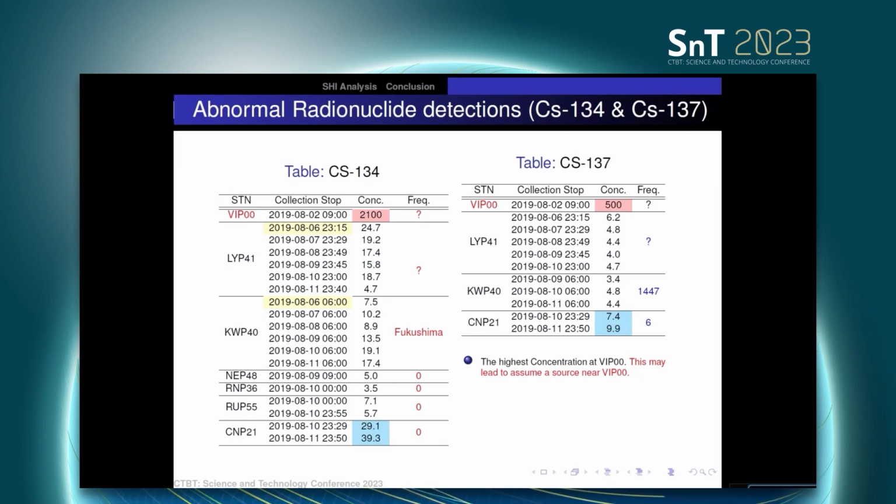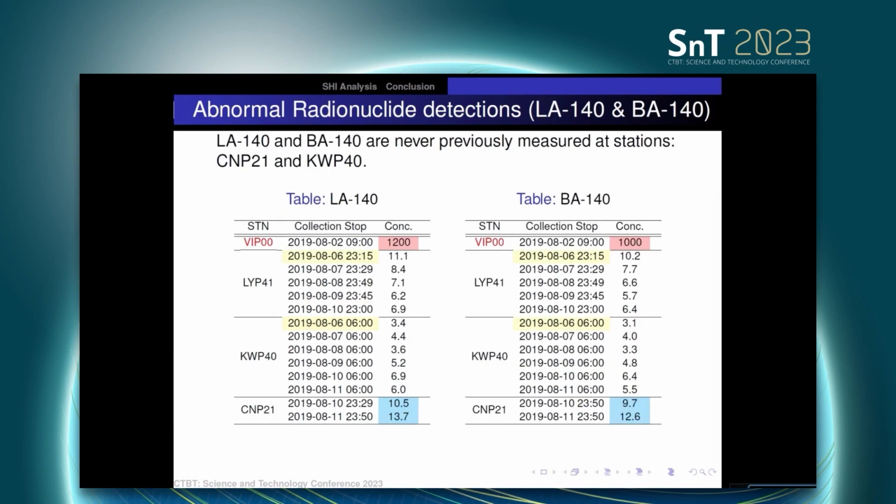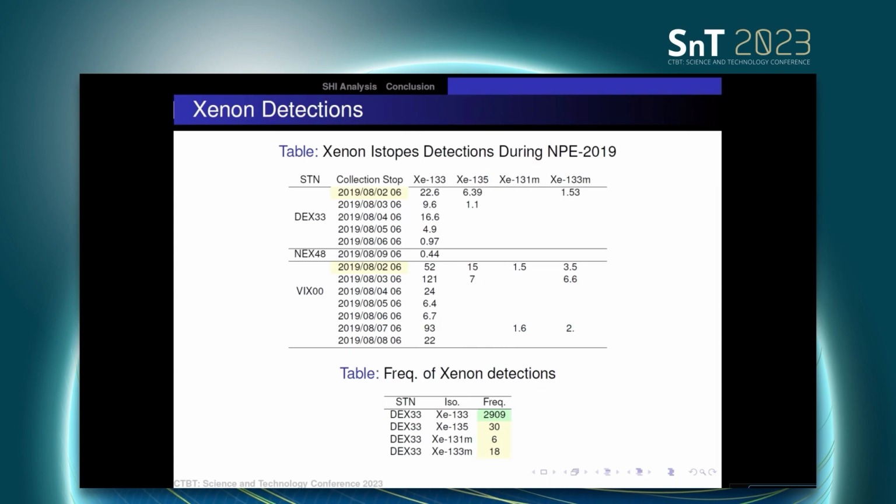And as we go east until China, we see decreasing concentration. But an interesting value is that the concentration at China is the second highest after Vienna. We also have some interesting abnormal concentrations of lanthanum and barium-140.